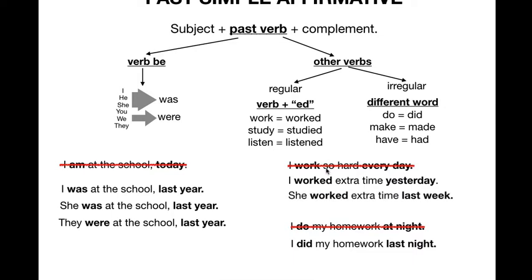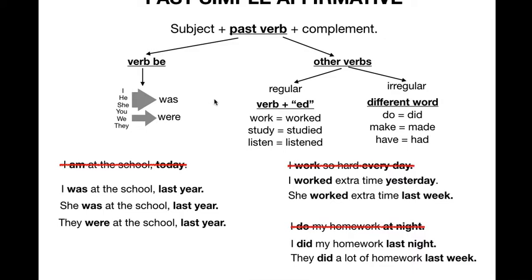Then, another example. She worked extra time last week. They did a lot of homework. What is that? When you are using the verb be, you have to pay attention to the subjects, because some subjects are with was, some subjects are with were. This is different. But when you are using the rest of the verbs, here we don't have a rule.